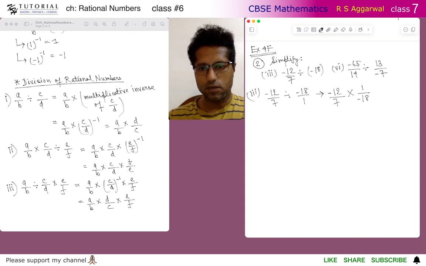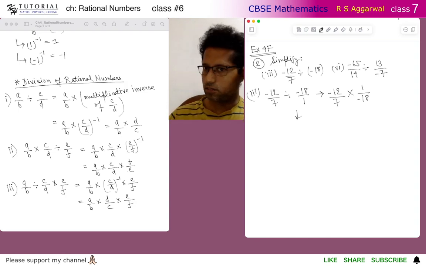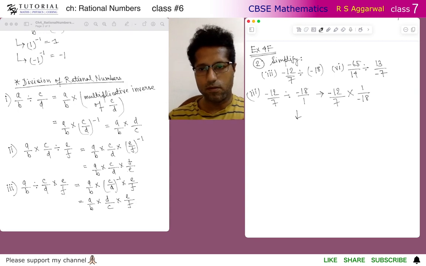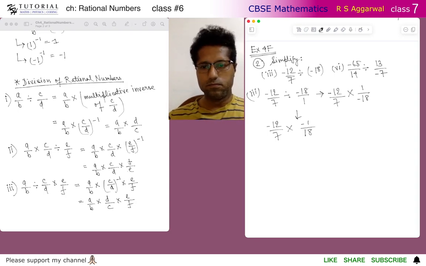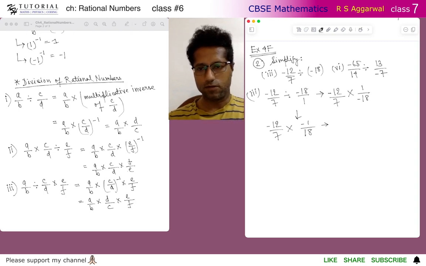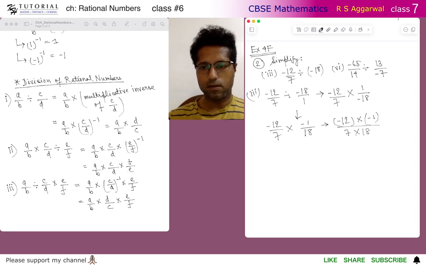So we have this. Now in the second rational number we have a negative denominator, so we have to make the denominator positive. So this becomes multiplied by minus 1 by 18. Now we do the product of the two rational numbers as discussed earlier. This becomes minus 12 multiplied by minus 1 divided by 7 into 18, and the minus signs get cancelled.